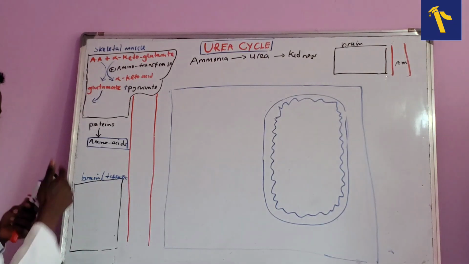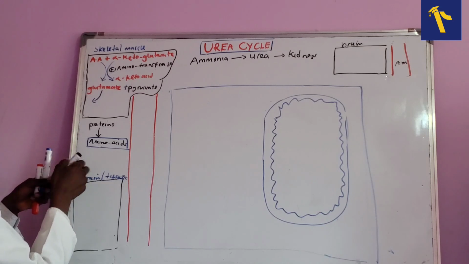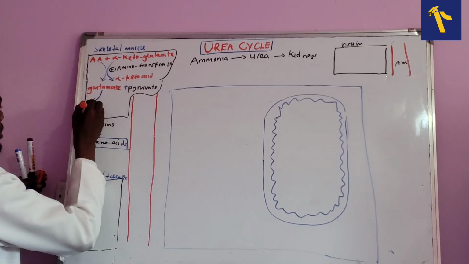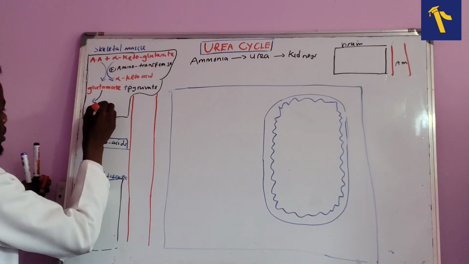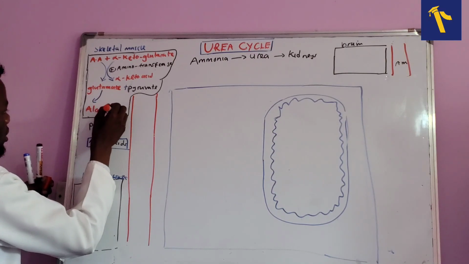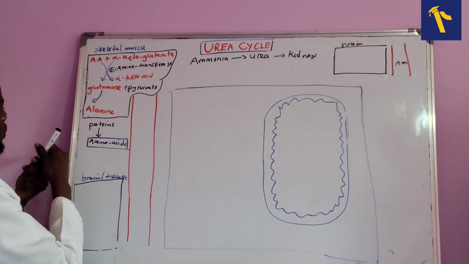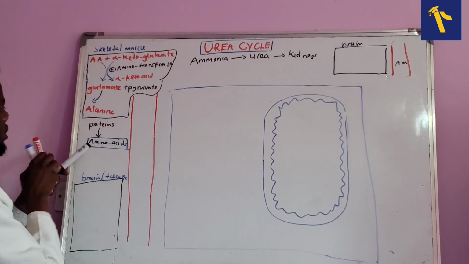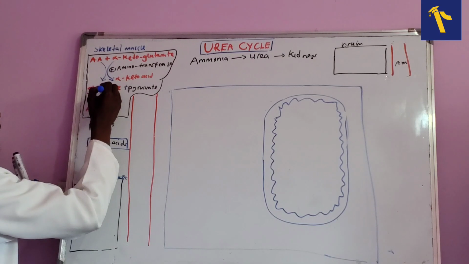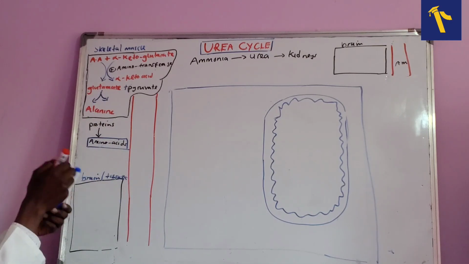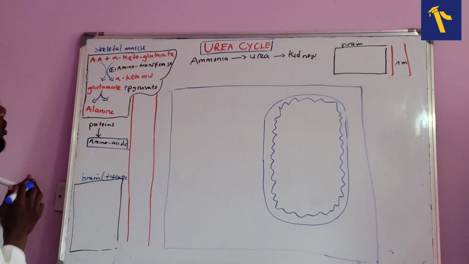So if these two combine, we're going to produce alanine, and alpha ketoglutarate, which I'm going to abbreviate so that we can have much space.